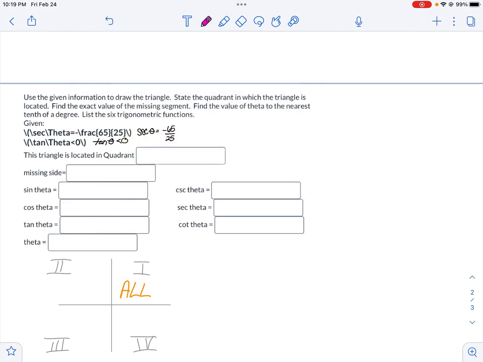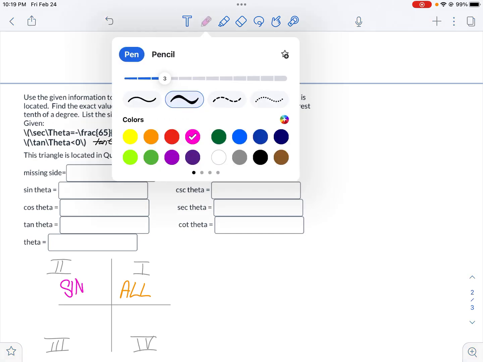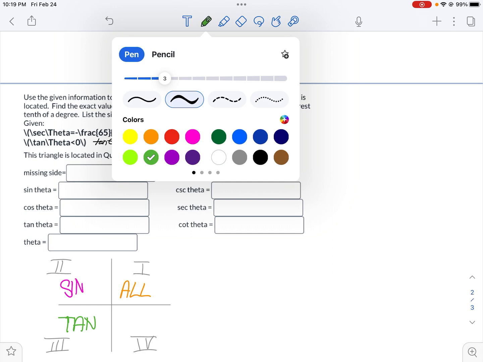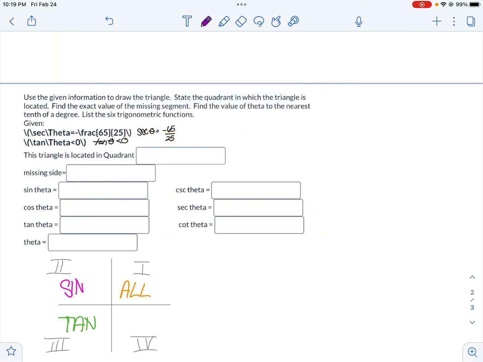In quadrant 2, sine is positive. In quadrant 3, tangent is positive. And in quadrant 4, cosine is positive.